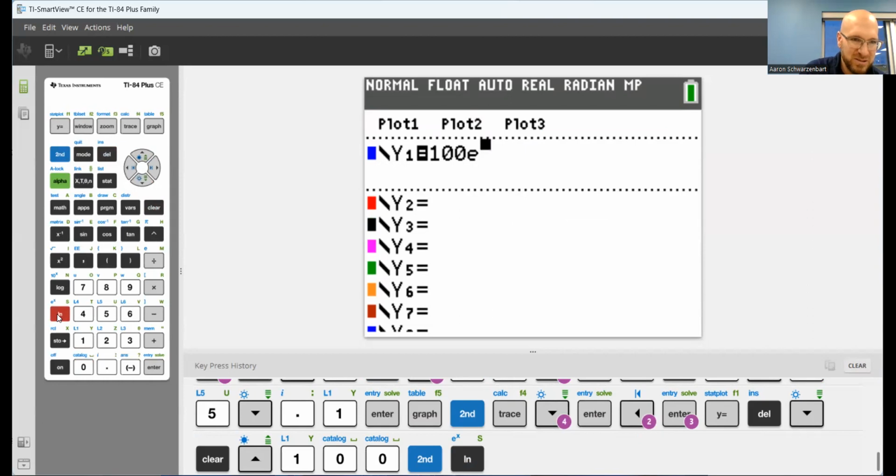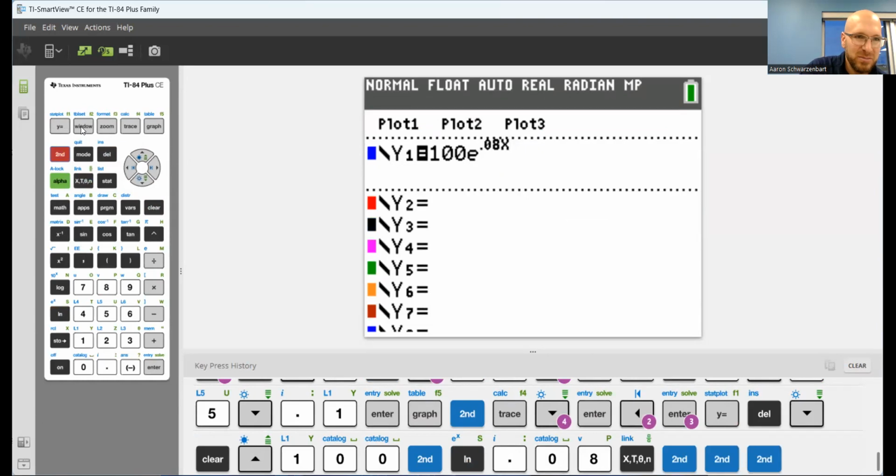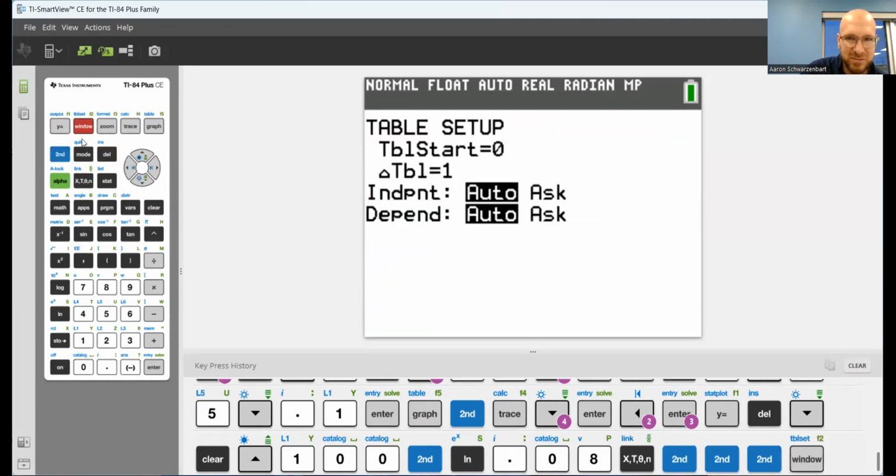Some people, you can use the e button and then do the power of, but I like the e to the x button. It saves me a step. 0.08x. Now, to get all these values, instead of graphing, I'm going to use the table. But to set up the table, I need to go to table set, which is second window. I'm starting at 0.